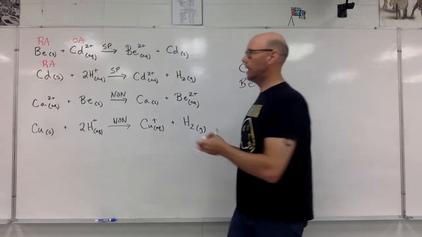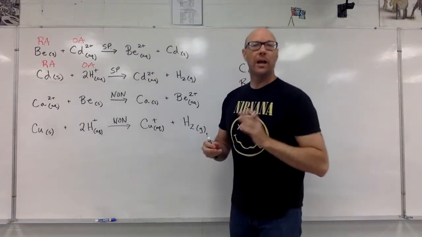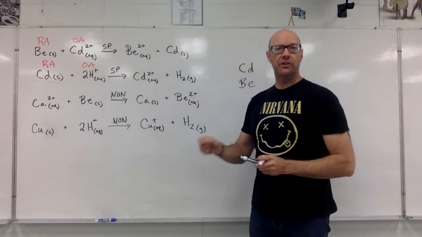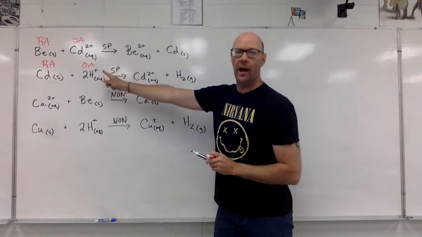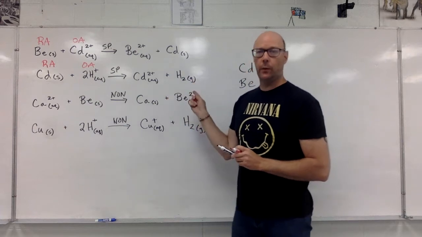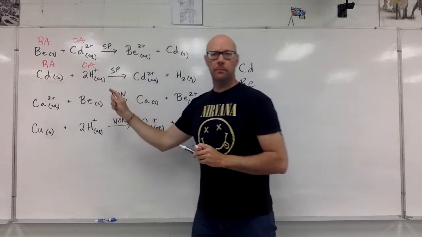It's the oxidizing agent. Again, we're told that this is a spontaneous reaction. If it's spontaneous, the OA is higher than the RA. This second equation is telling me that hydrogen is above cadmium.